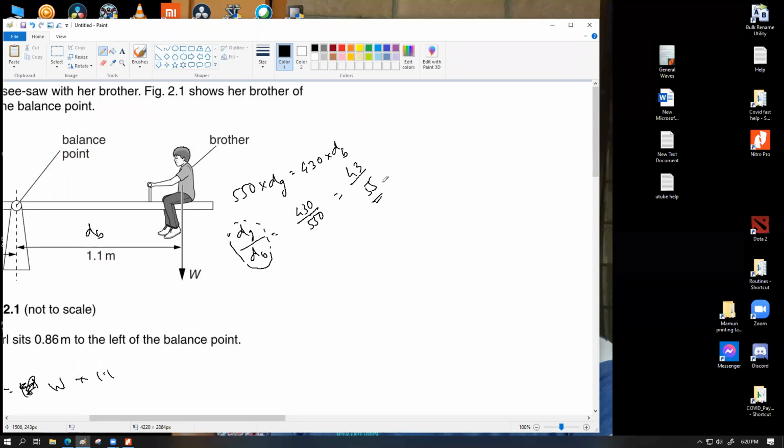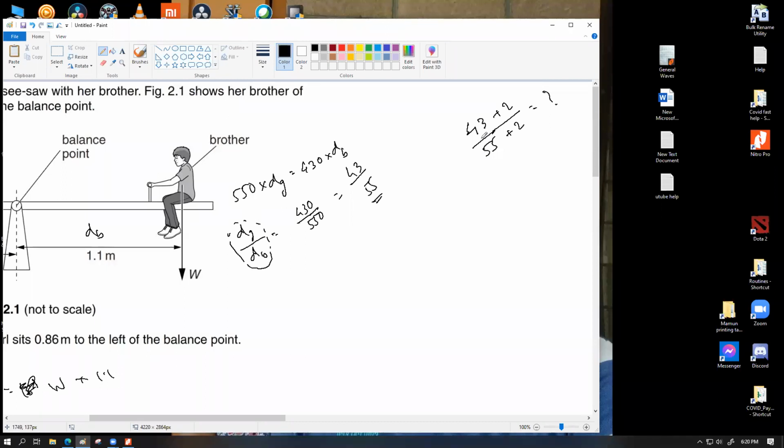Now, if I add an equal value, let's say 2, on both numerator and denominator of 43 by 55, would you end up with the same ratio or a different ratio? Different ratio. It will be a different ratio.